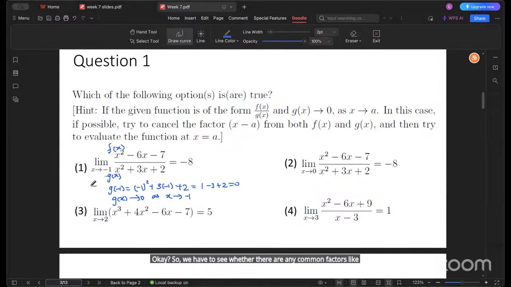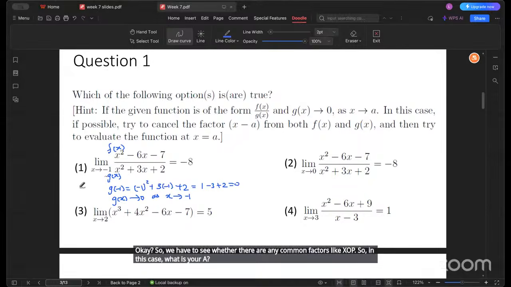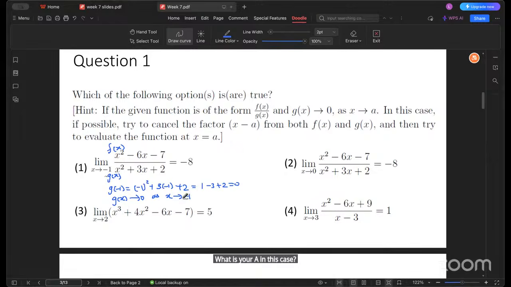So in this case, what is your a? It is minus 1. Yes, so a is minus 1. So what are we looking for? The common factor is x minus a.